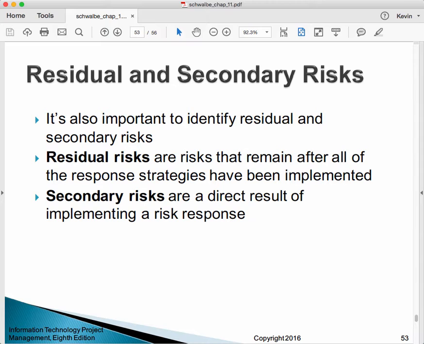In the medical field, they have a mandate: first, do no harm. They want to make sure that some kind of intervention that they take is not going to be worse than the original problem.